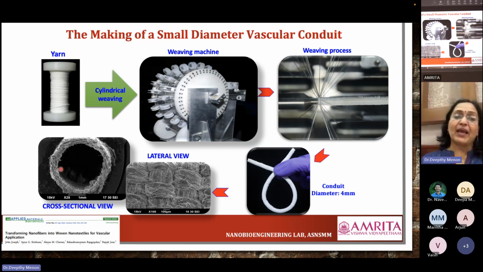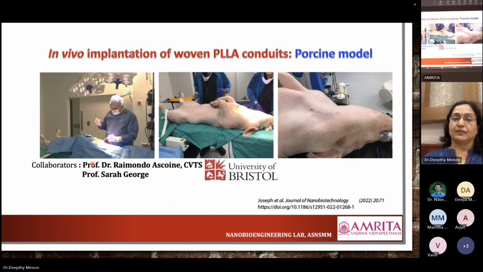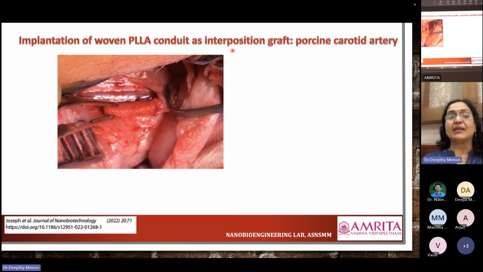So this is the SEM image of the tube. In conjunction with Professor Raimondo and Professor Sarah George from University of Bristol, he is Professor Raimondo, he is a CVTS surgeon. He implanted this in porcine carotid artery. So this material was again based on poly-L-lactic acid. Implantation was done.